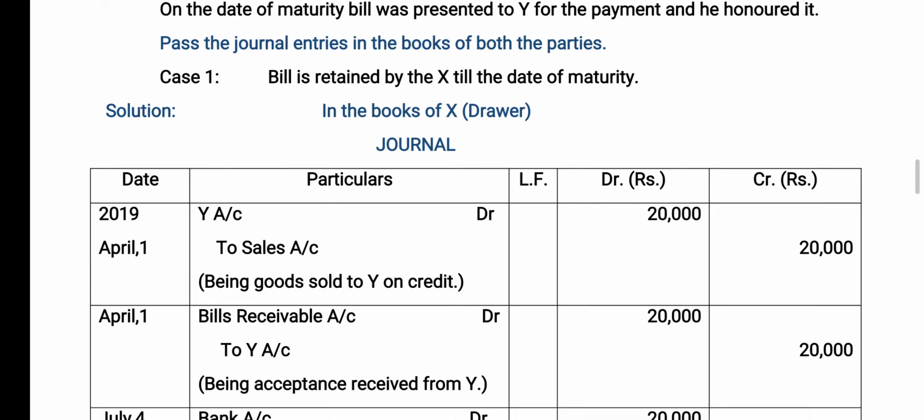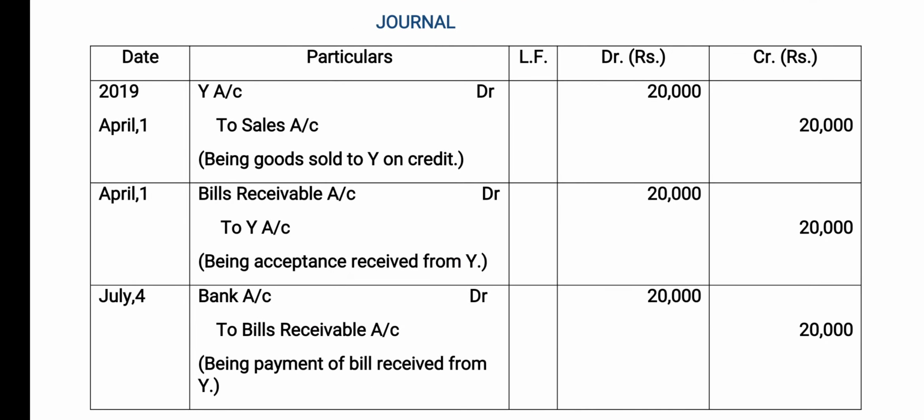Then the second entry, when the acceptance of the bill is received, means when the bill is made by X. That is also on 1st of April. Bills receivable account debited to Y's, being acceptance received from Y, and you will write the amount in your debit and credit column.